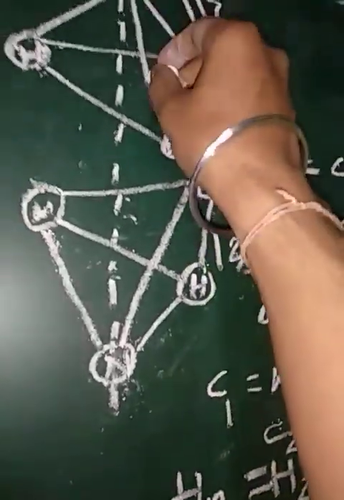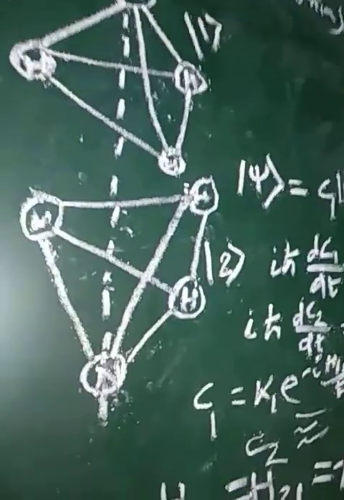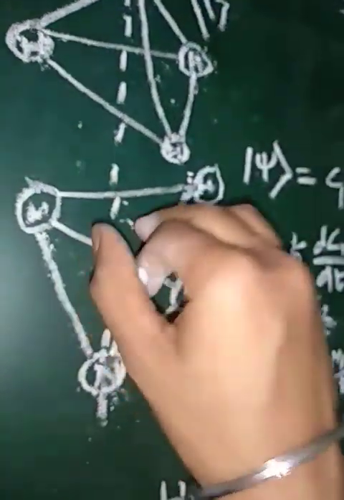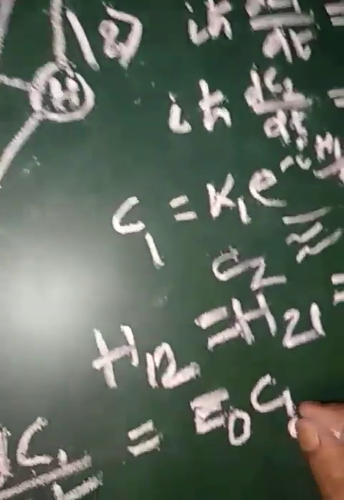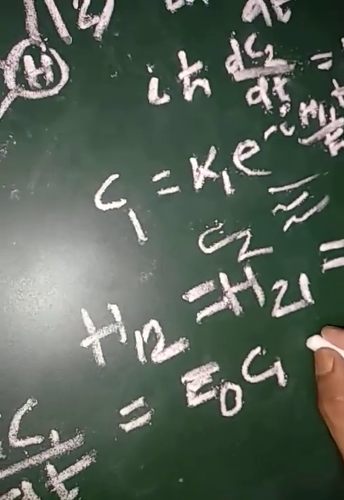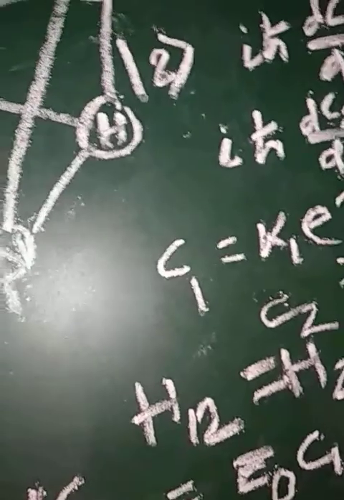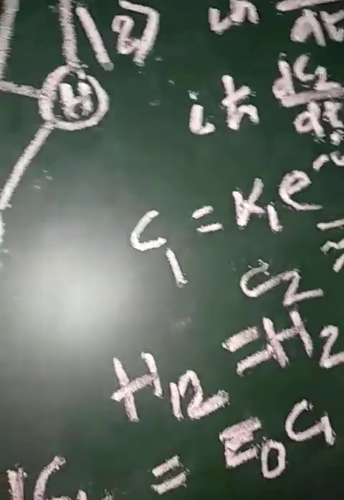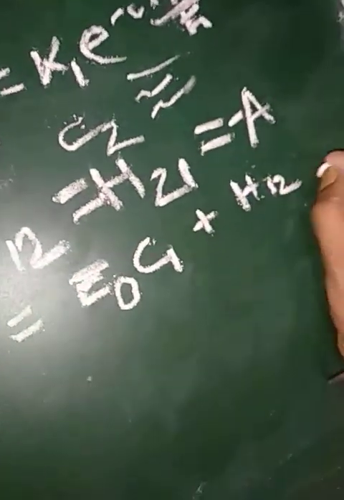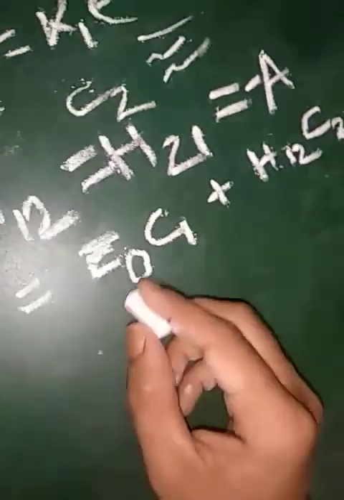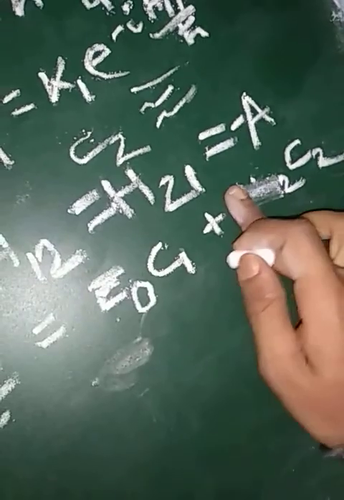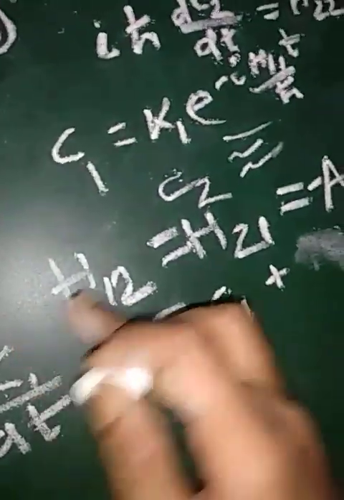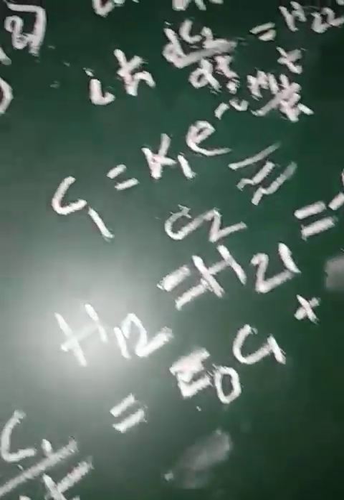So they do not have different energies, yet they are flip-flopping from one state to the other, isn't it? To and fro. So this plus H12 into C2. This H12 can be written as what we have written here, minus A, isn't it?